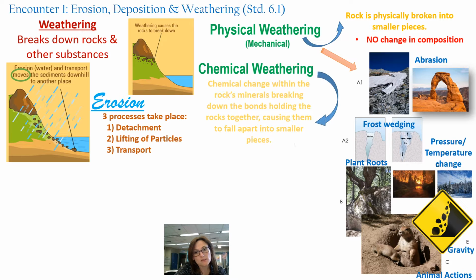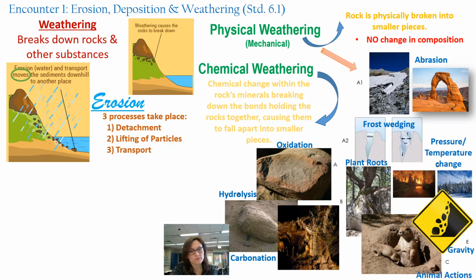All right, so really there's 3 processes. Your book talks specifically about 5, but I've really condensed them into 3, but they're really there. So let's have a conversation. Oxidation, okay, it's just like the word ox, think about oxygen. It's when oxygen reaches that rock. So in this picture, you see that there's actually a discoloration of the rock.